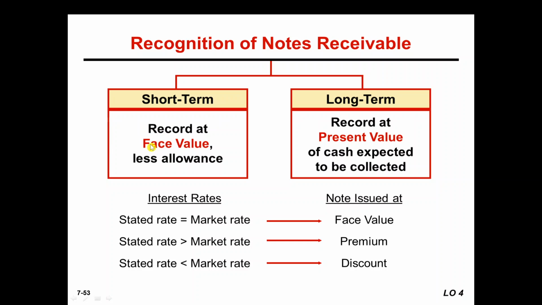We must record it at face value, and then deduct some allowance. When it is long-term, we record it at the present value of cash expected to be collected. So you see the difference is in the recognition of the notes receivable.